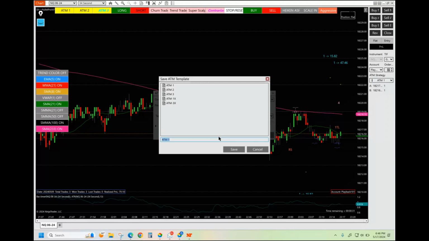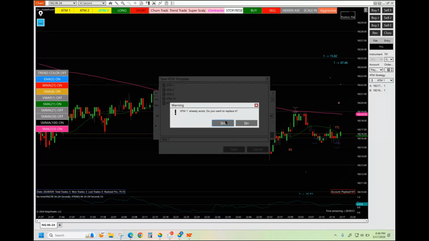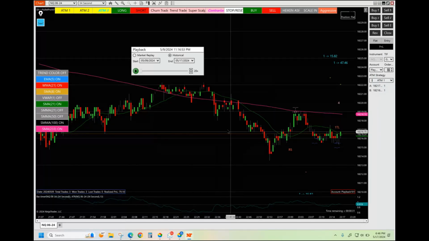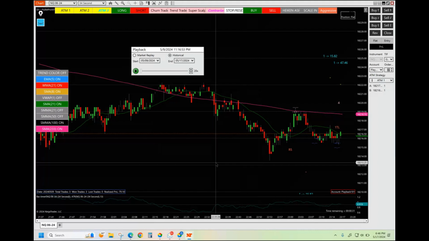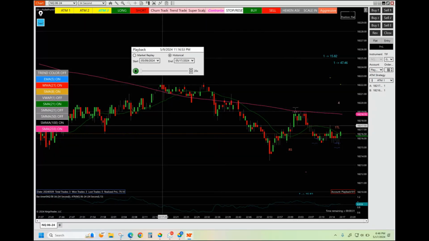And then Save Template. So 6 ticks will give you $30 of profit minus the trading commissions, which is about $4. So you'll make $26 per trade, per contract. So that's how you set things up.